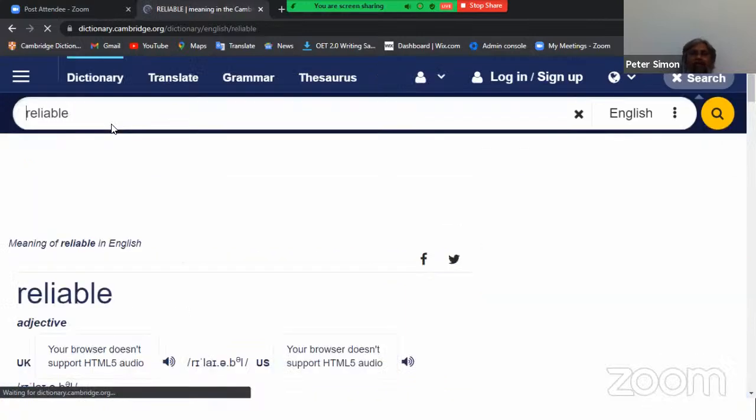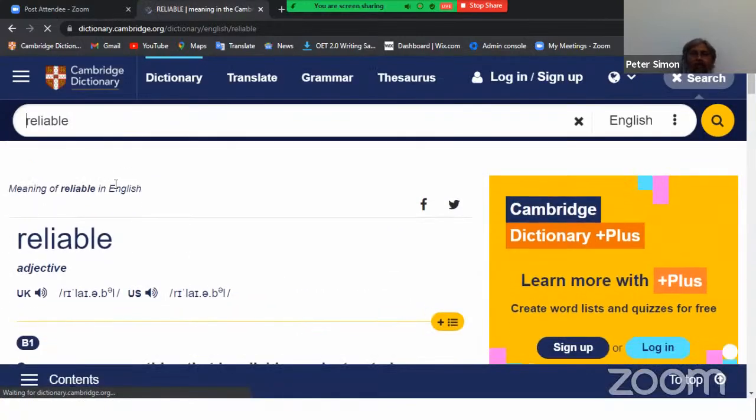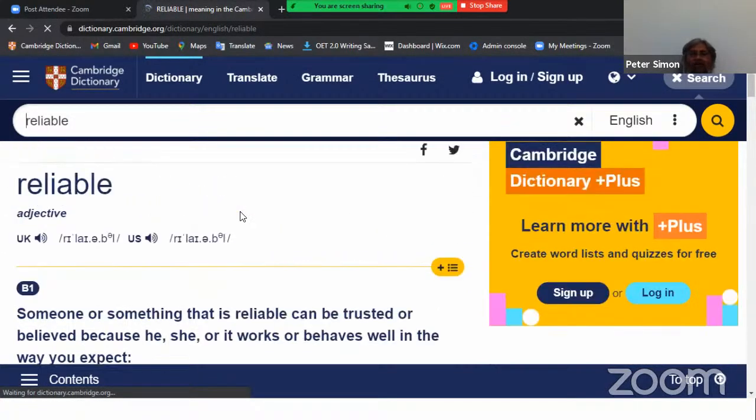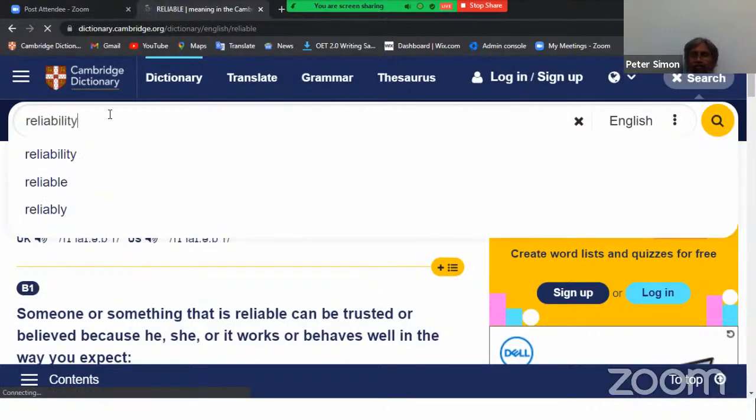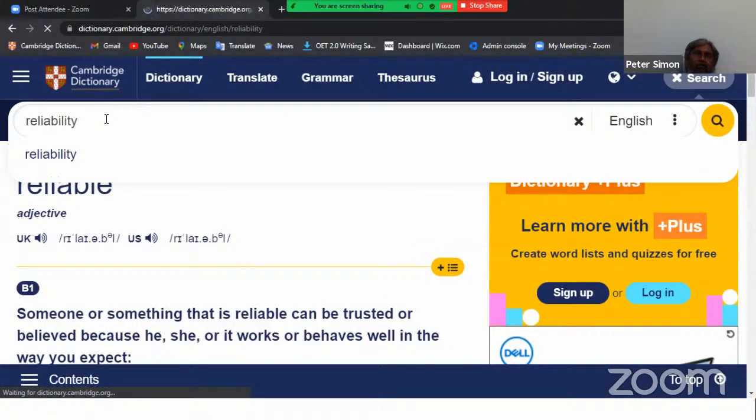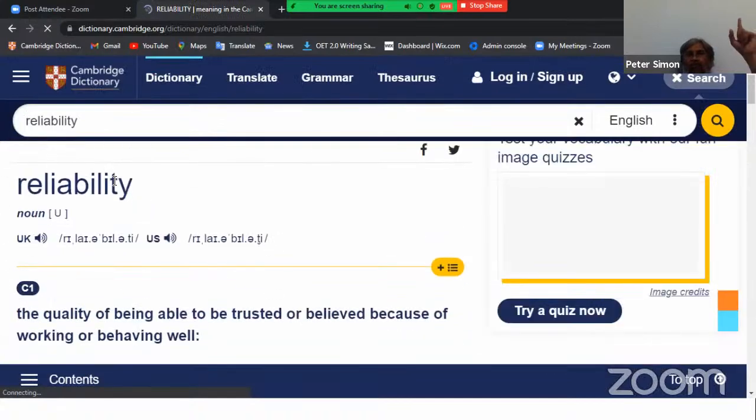Rely means depend on. It is a B1 word. B1 means, try to understand. B1 word, reliable. Then reliability. It is C1.